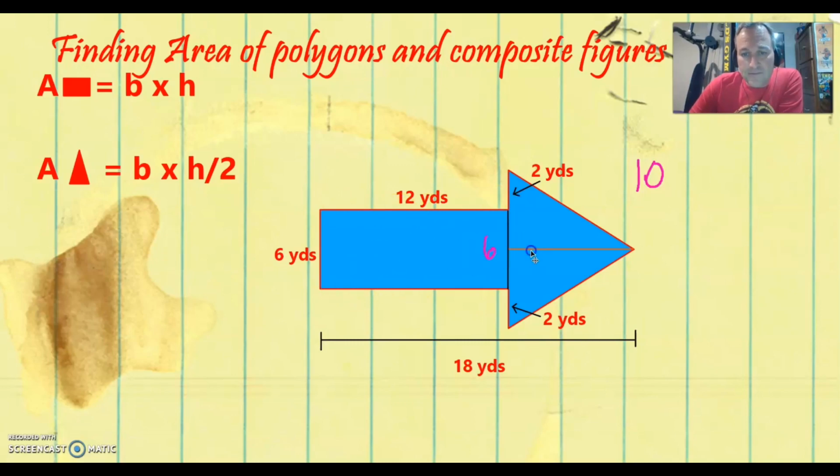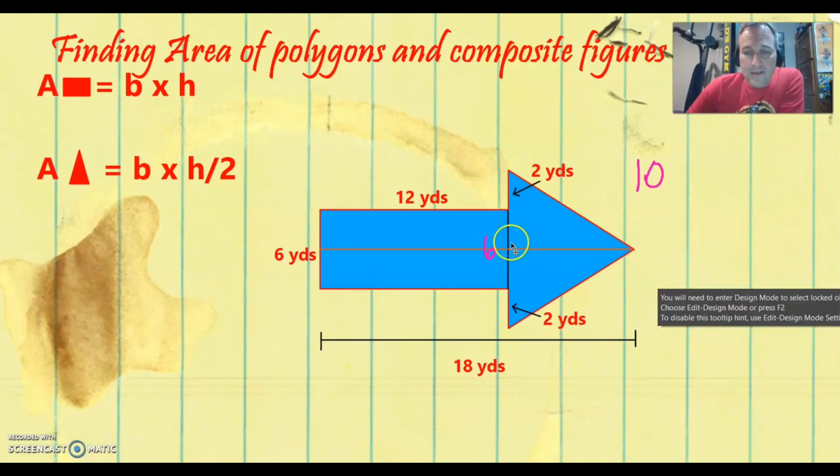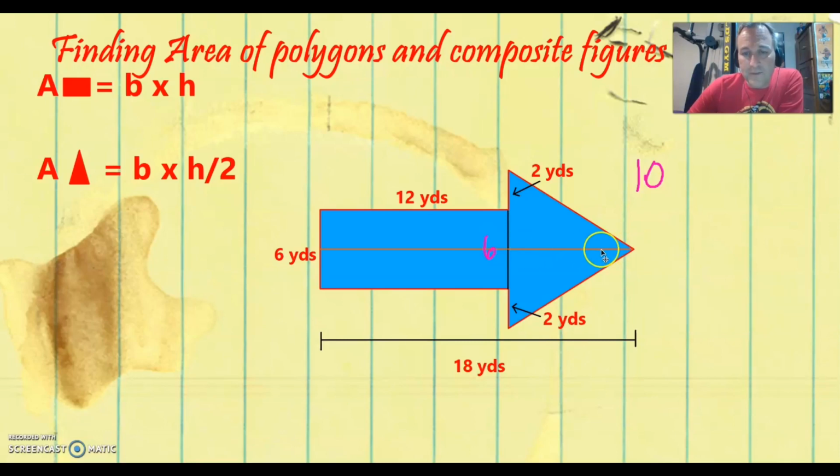So that means if I were to extend this out to the black line here, it's 12 yards from here, and then from here to here, how do I get to 18? 12 plus what equals 18? 12 plus 6. So this side is 6 also. So the base is 10, because we have 2 plus 6 is 8, plus 2 is 10.